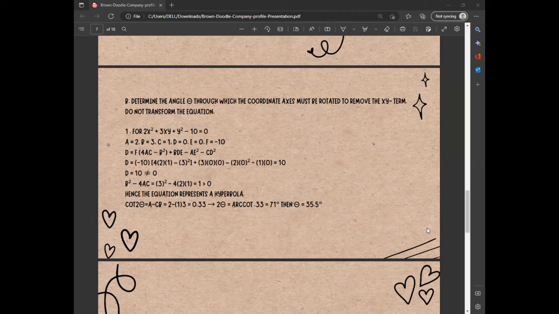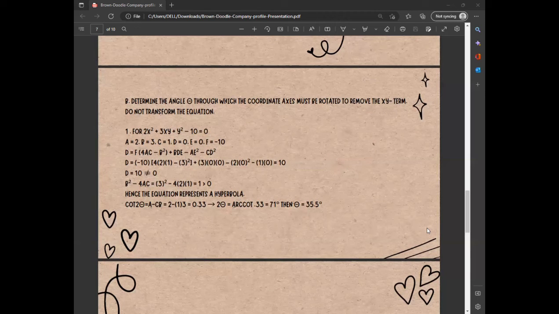So number 1 is 2x squared plus 3xy plus y squared minus 10 is equal to 0. Given a is equal to 2, b is equal to 3, c is equal to 1, d is equal to 0, e is equal to 0, f is equal to negative 10.